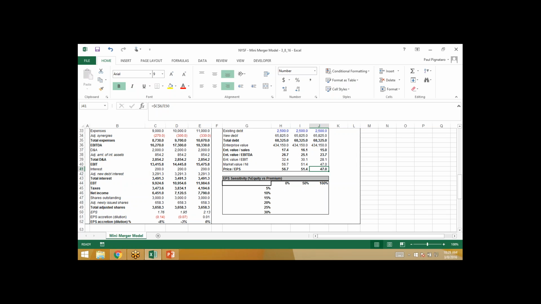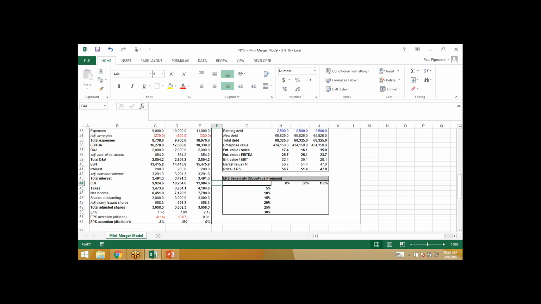Should I be raising debt to fund this business or should I be raising equity? So a common sensitivity analysis is around the debt equity split and the premium. The table is supposed to say: what if my premium changes from 5 to 10, 15, 20, 25? Or what if my debt equity split switches from 0, 100 to 50, 50 to 100, 0 the other way?